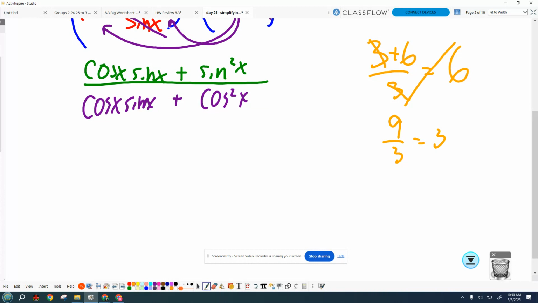All right. Well, shoot. Must be something we can do. So, we can write sine times cosine plus sine over cosine times sine plus cosine. Up top, I have two terms.